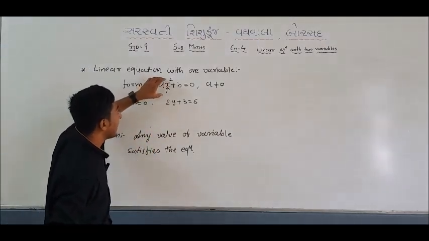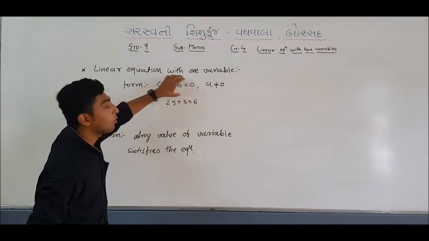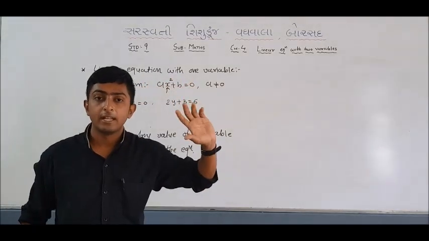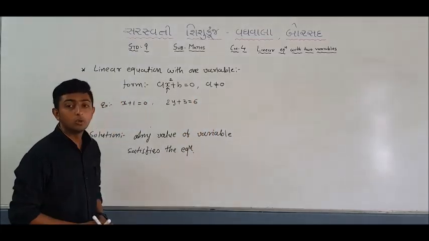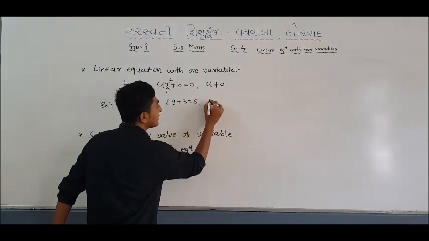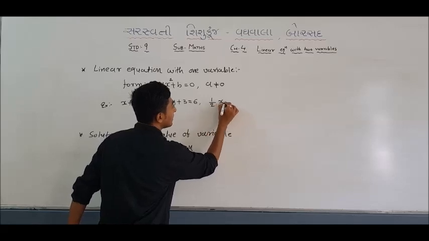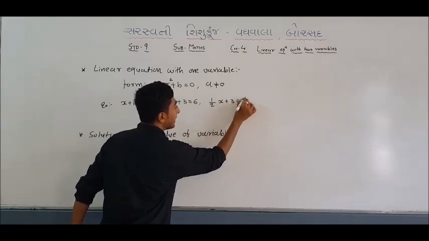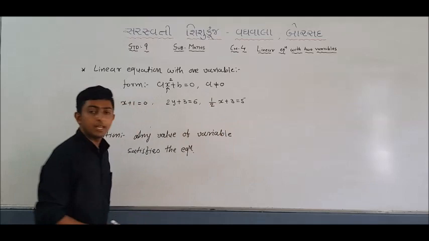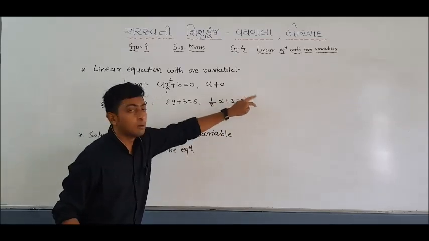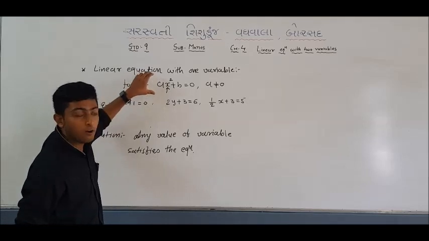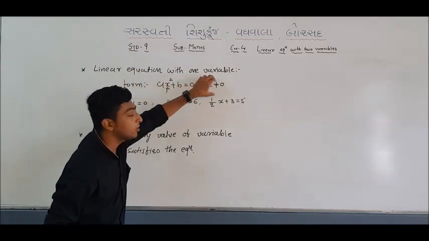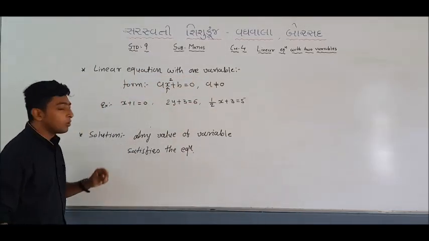Another example, (1/2)x + 3 = 5. Here only one variable x is present, and the other terms are constants. So this is the standard form ax + b = 0, where a is not equal to 0.